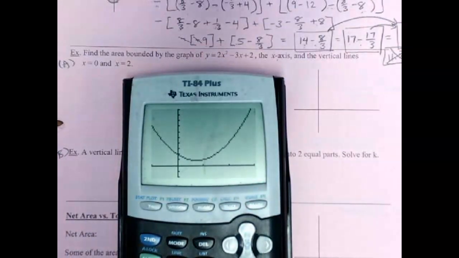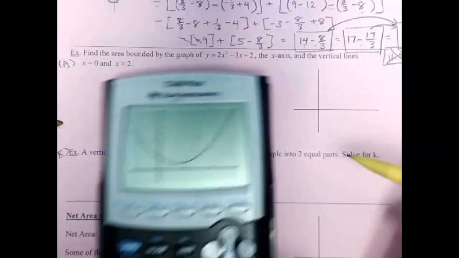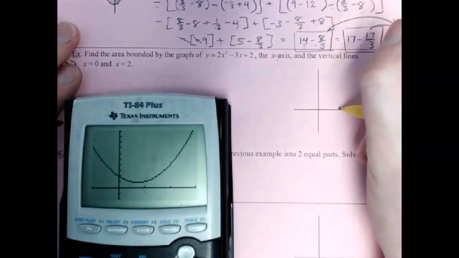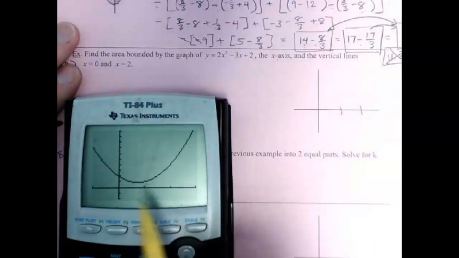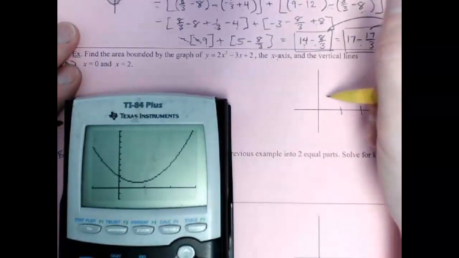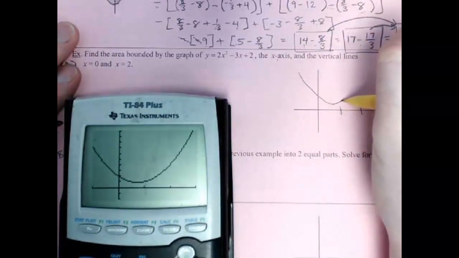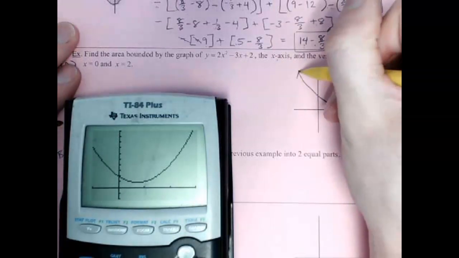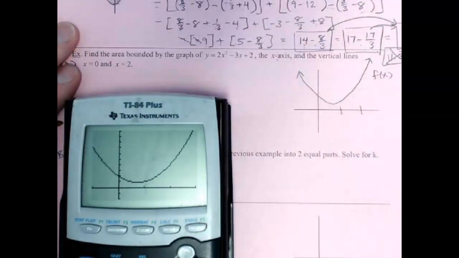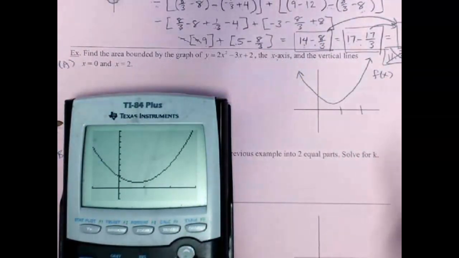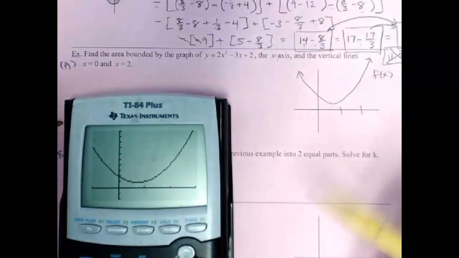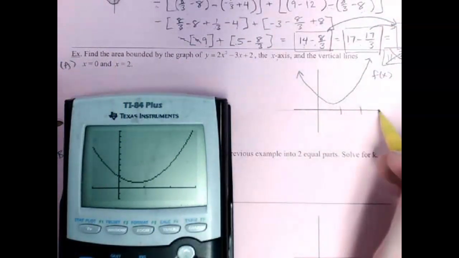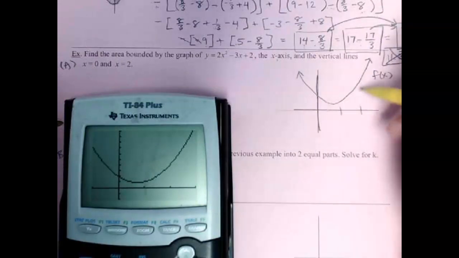So there we have a pretty good graph of this parabola. It looks like the minimum happened slightly before 1. So this graph looks more or less like this. And what we're trying to find is the area bounded by that graph, the x-axis, and the vertical lines x equals 0 and x equals 2.